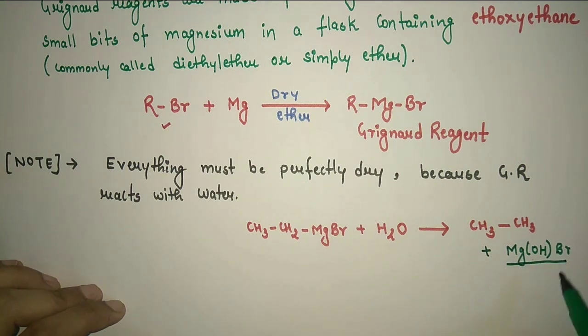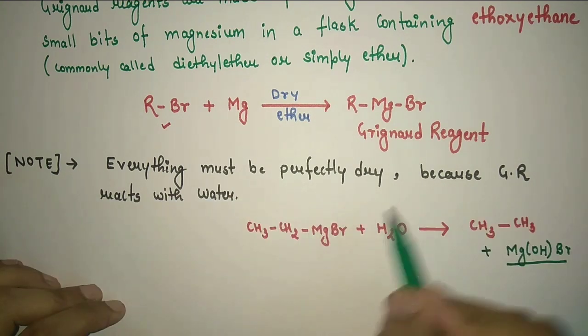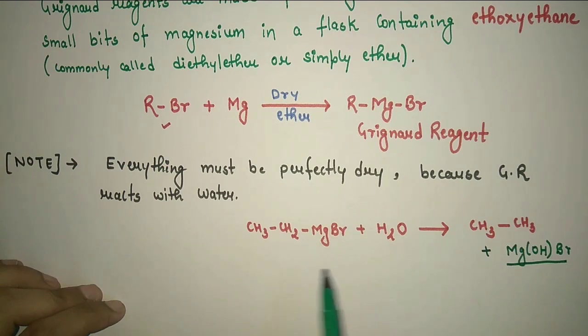So when the Grignard reagent reacts with water, it forms an alkane and the byproduct is MgOHBr.